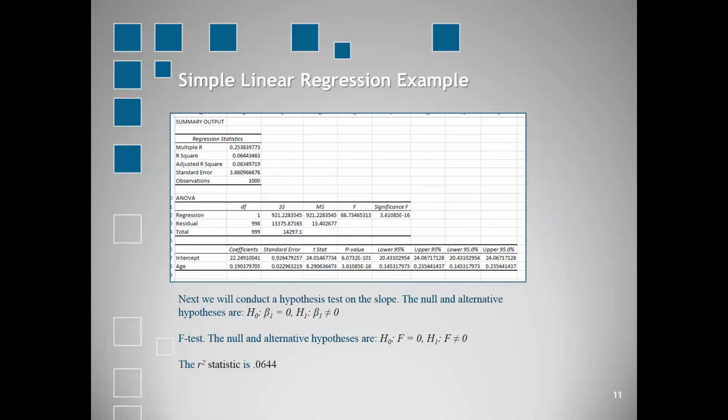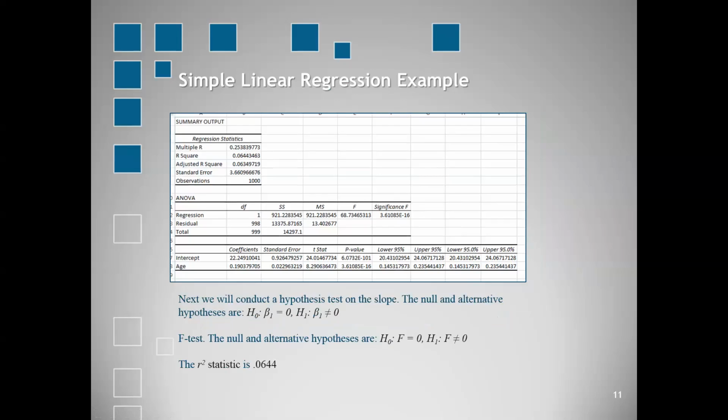So, we had three ways of testing the relationship in linear regression. The first was to conduct a hypothesis test on the slope of age. So we're going to look at, is there a significant relationship between age and length of stay, or does age predict length of stay? The null and alternative hypotheses are beta 1 is equal to 0 for the null, and beta 1 is not equal to 0 for the alternative.